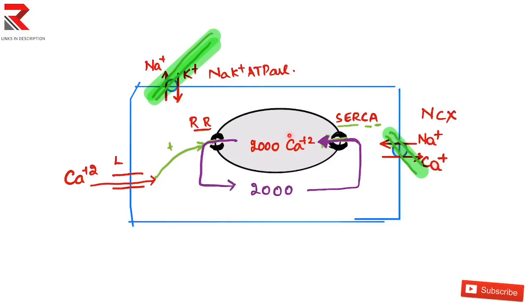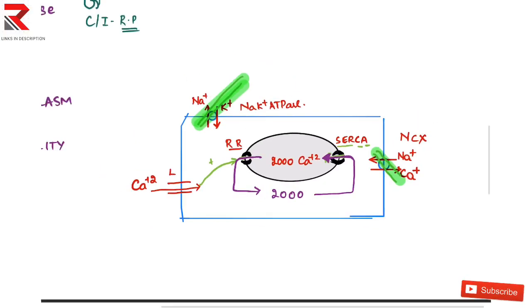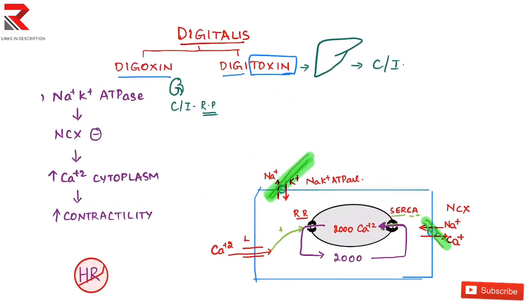If you want this calcium to get outside from the sarcoplasmic reticulum, you need to stimulate the ryanodine receptors. When you stimulate them, the calcium from inside gets outside and produces the contraction. Why are we using digitalis? We need contraction. So the calcium came out and produces the contraction.